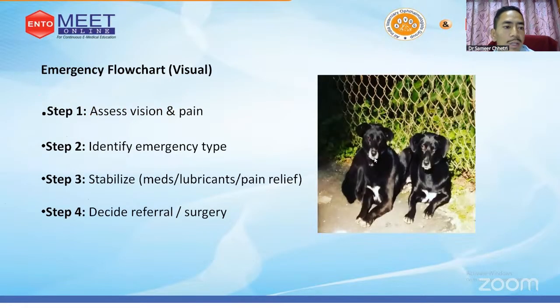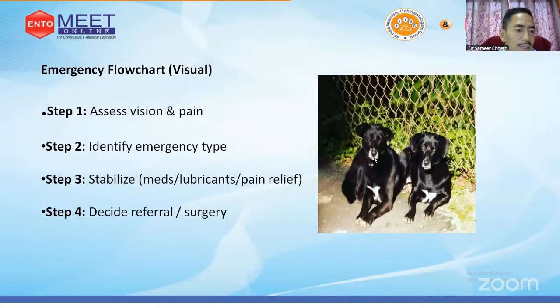So, the emergency flowchart: assess the vision and pain. Determination of the vision we can do with different reflexes, like we have already talked about the menace, dazzle, and palpebral reflexes. And if there is any pain, we have to manage it.